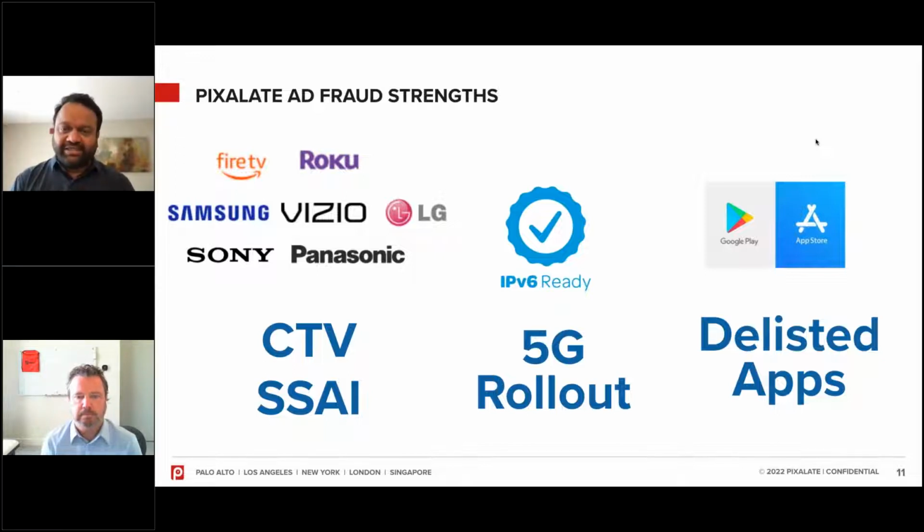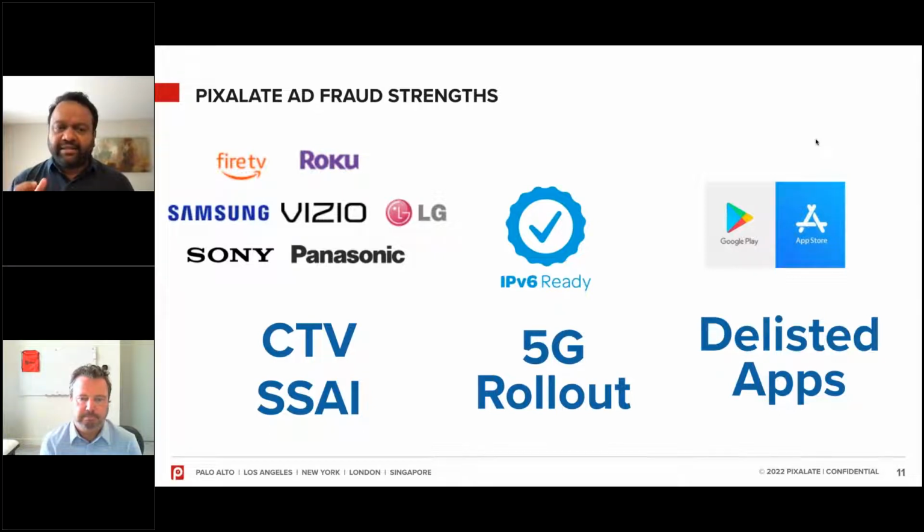The first is, of course, SSAI and the CTV related intelligence. And basically, we've put in a lot of effort in being able to detect and really understand the devices and the bundle IDs and so on across all these different platforms. So we have a pretty broad breadth of coverage across Fire TV and Roku, of course, but also the other platforms that you see listed over there.